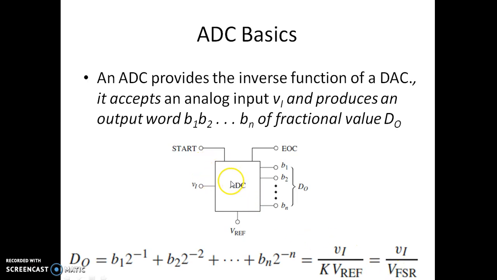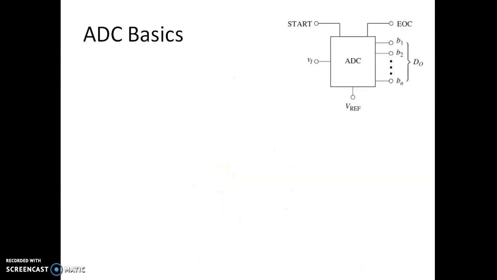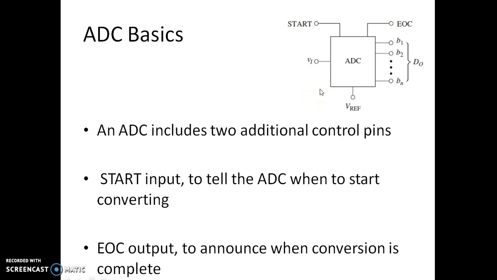Now this is a block diagram of an ADC, where the input given is analog and we have the digital output, which is B1 to Bn. An ADC includes 2 additional control pins. So it is surprising to see there are 2 more additional pins here.